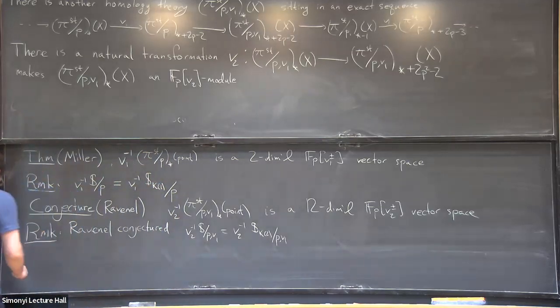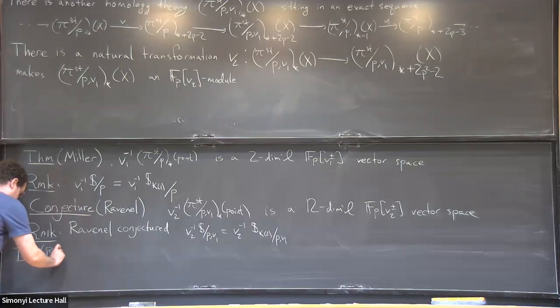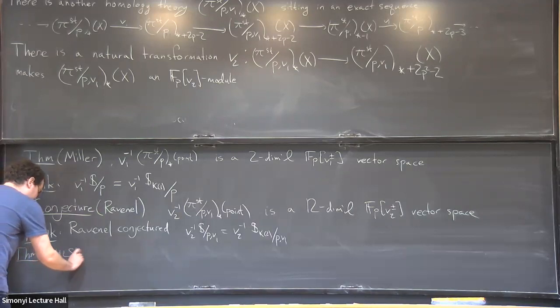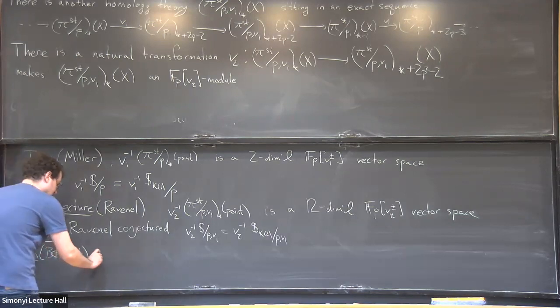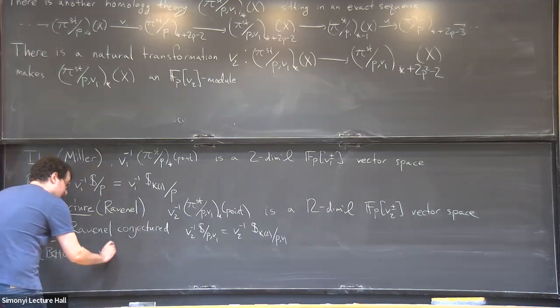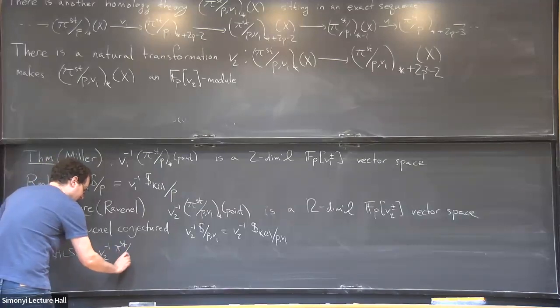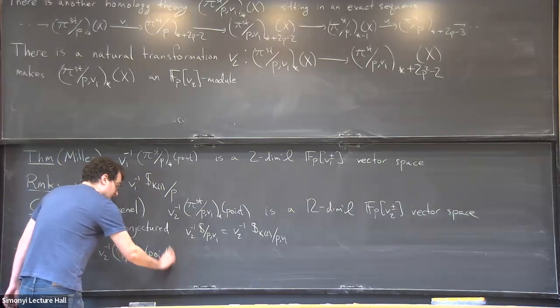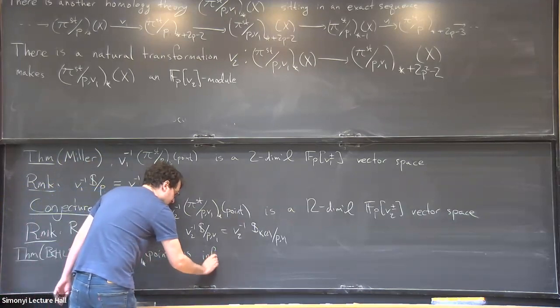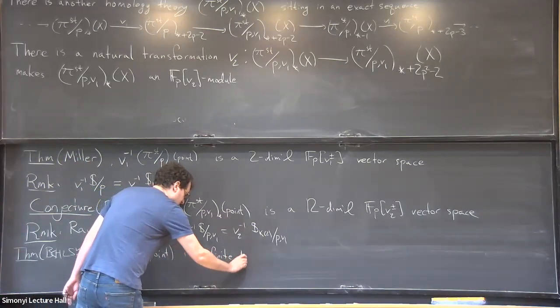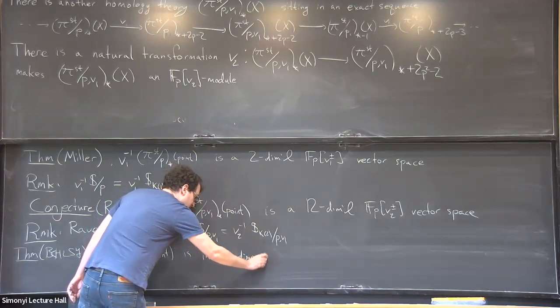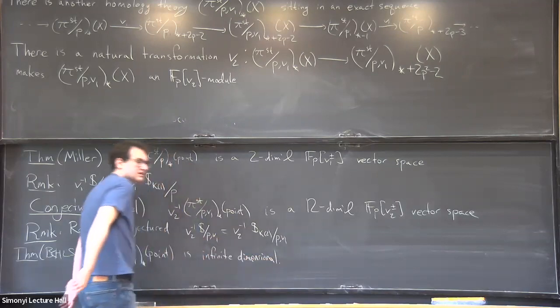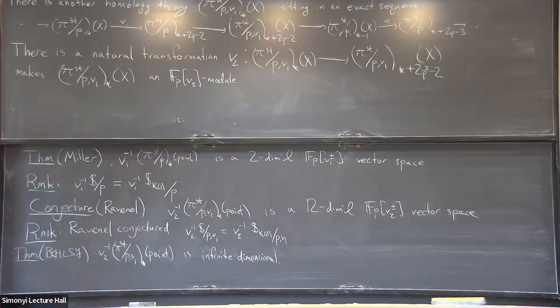Okay, but the theorem is that V2 inverse pi stable PV1 of a point is infinite dimensional. So it's not 12-dimensional in particular.